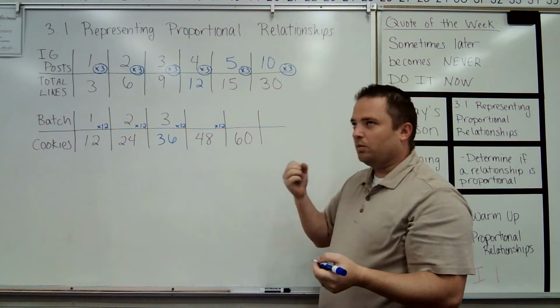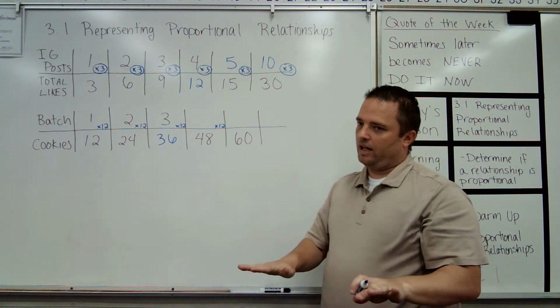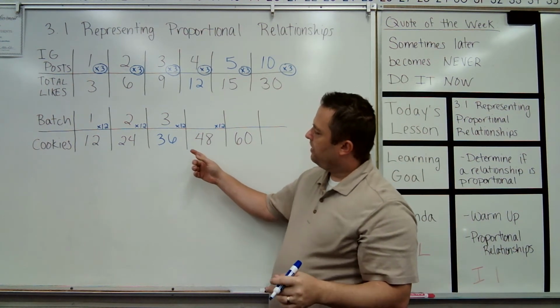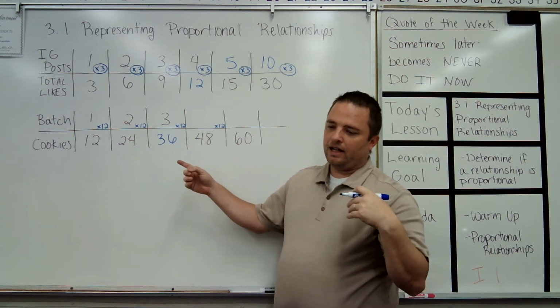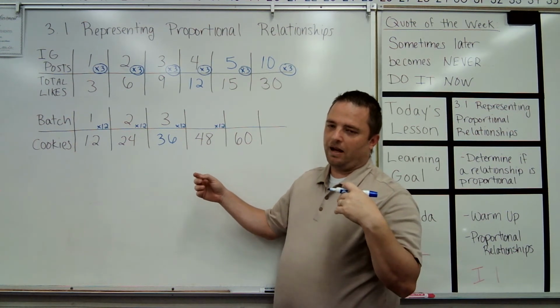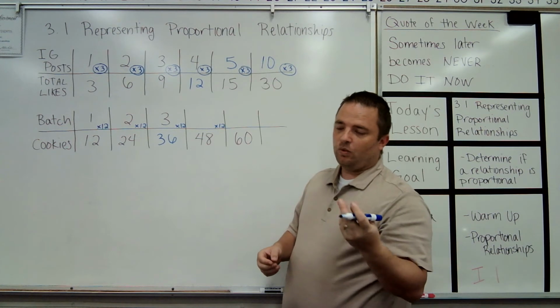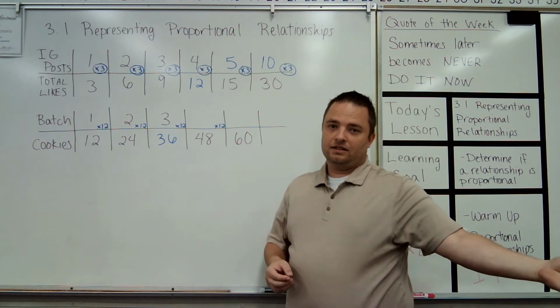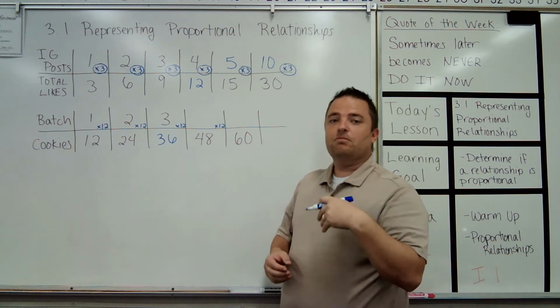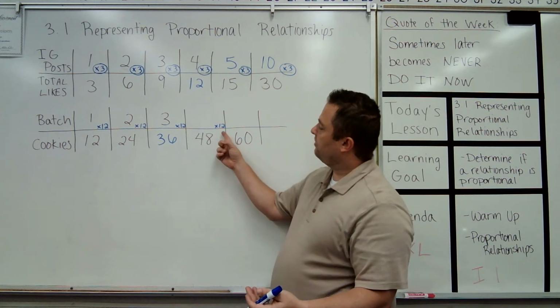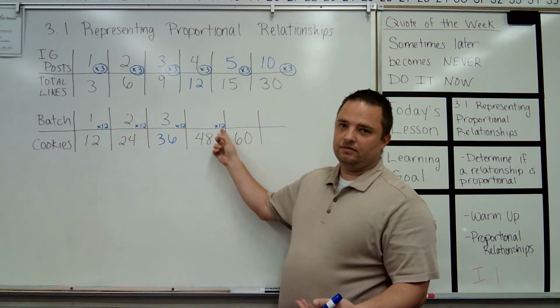Now, some of you are like, 1, 2, 3, don't do that. Okay? Every operation in math has an opposite. When you add, the opposite of add is subtract. When you multiply, the opposite of multiply is divide.